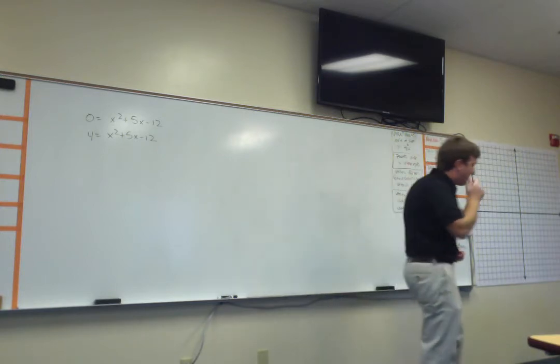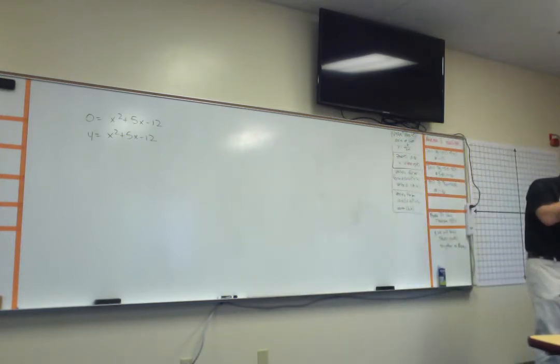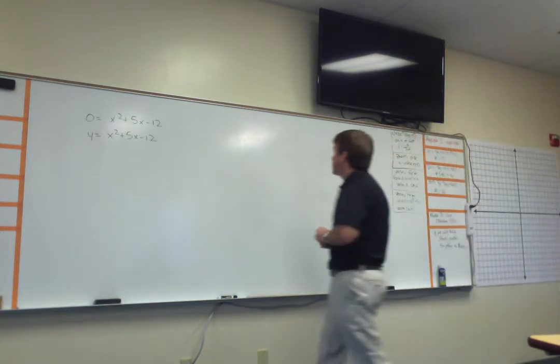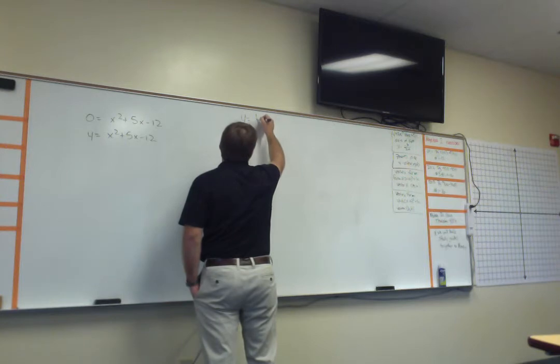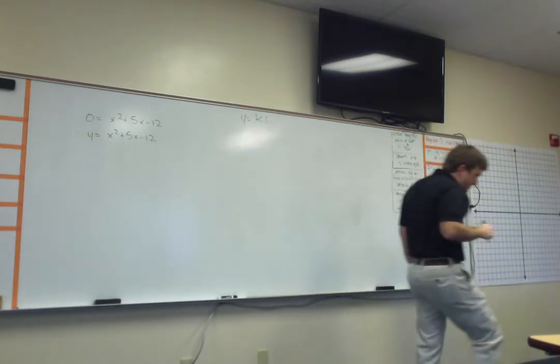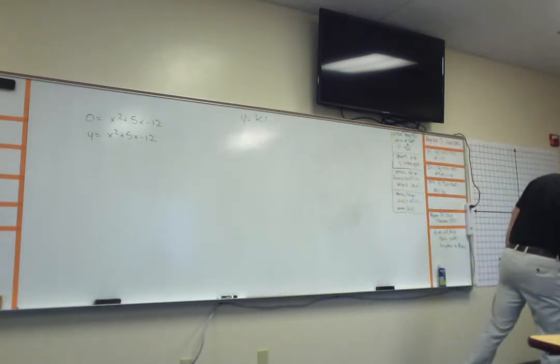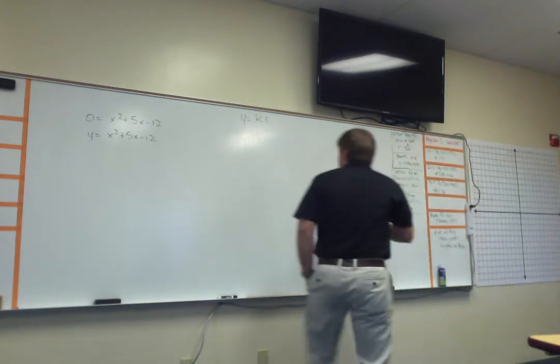So the form that we're going to look at is called factored form, also called intercept form. And this form looks like this: y equals k times x minus a times x minus b.